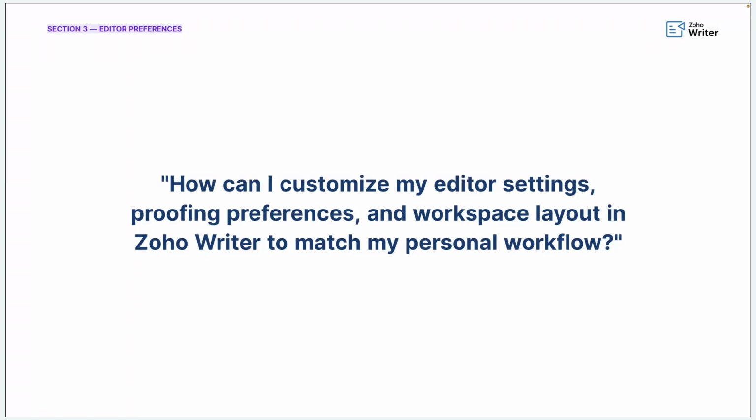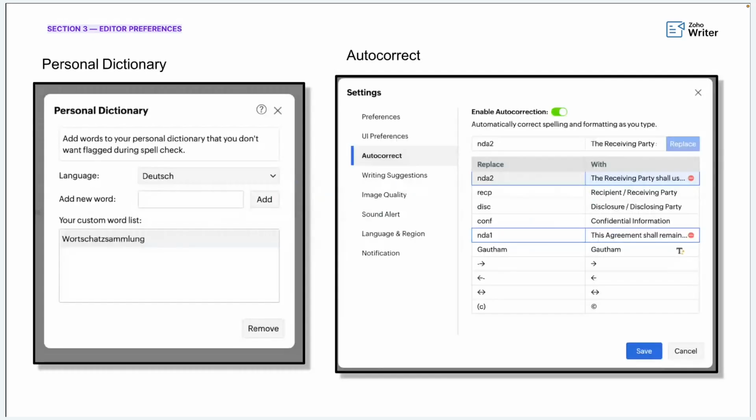So, how can I customize my editor settings, my proofing preferences, and workspace layout in Zoho Writer in order to match my own personal workflow? Writer lets you configure the editor to work the way you do. On the proofing side, you can set your preferred language for spell check and add words to a personal dictionary.